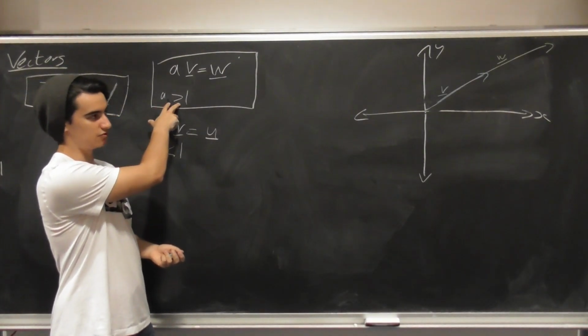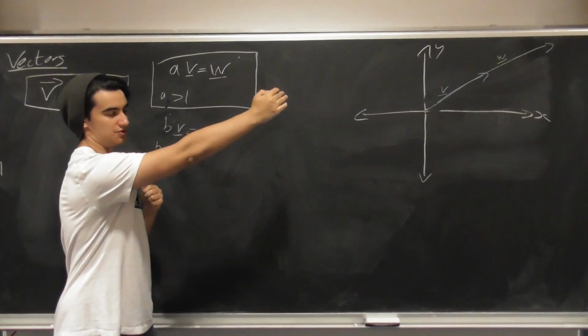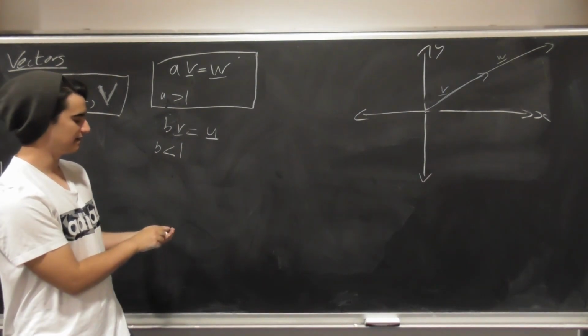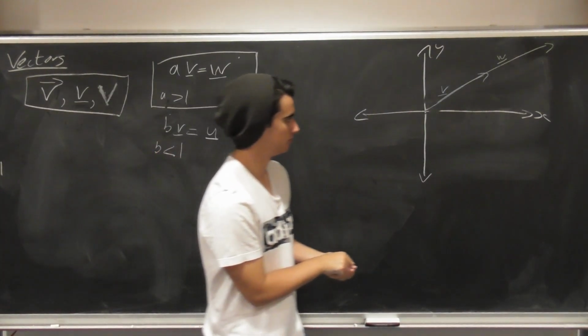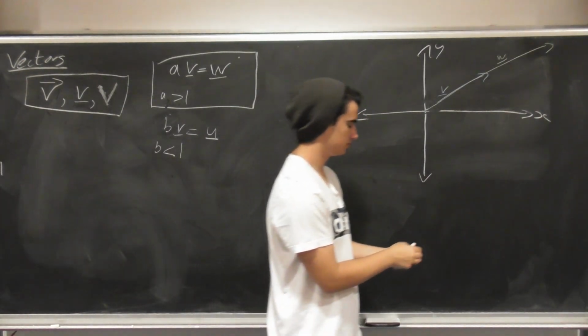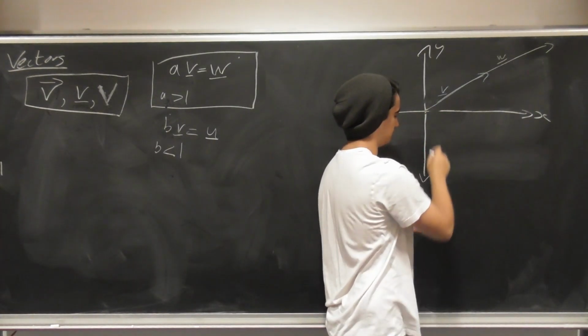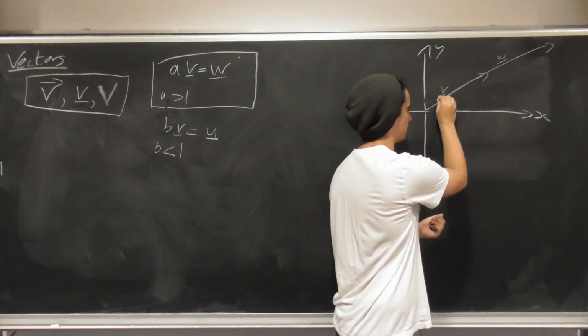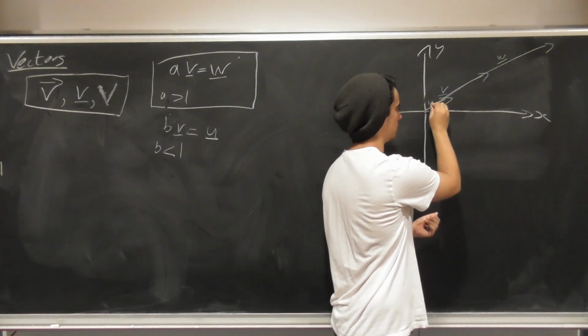If anything greater than 1 stretches the vector along its original direction, anything less than 1 will shrink it. So we have some vector u that is shrunk to about half of what v was.